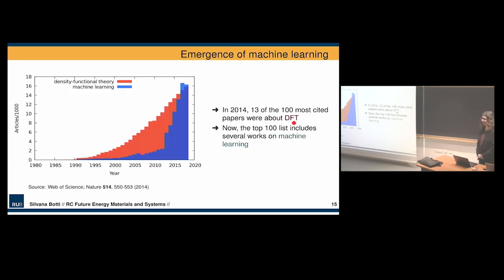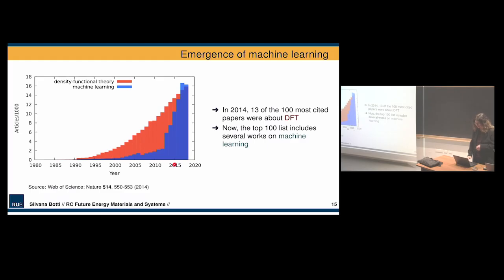And you can also see it from this plot that is already outdated, because it runs until 2020. I should update it, but I'm a little bit afraid what's going to happen updating it. So you can clearly see that the growth of machine learning is very, very fast.